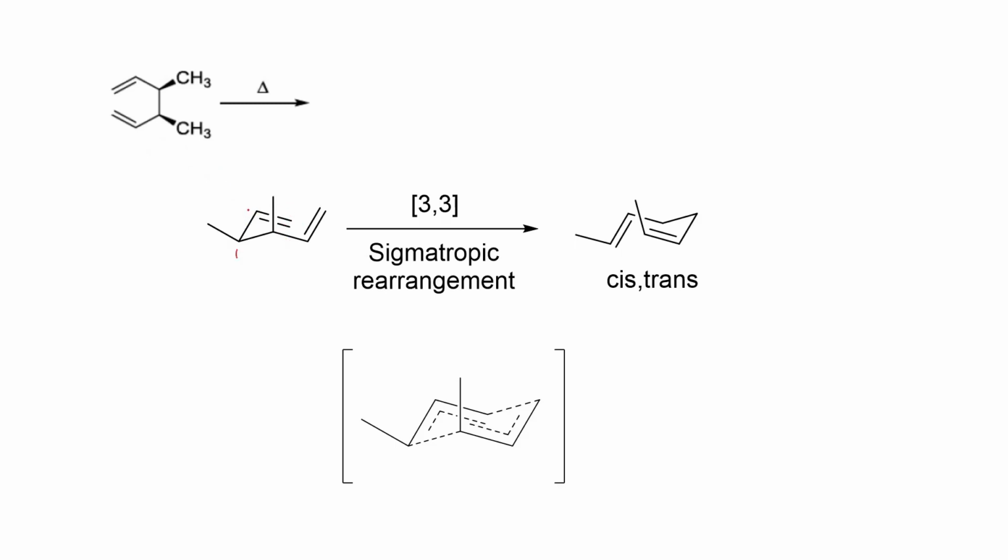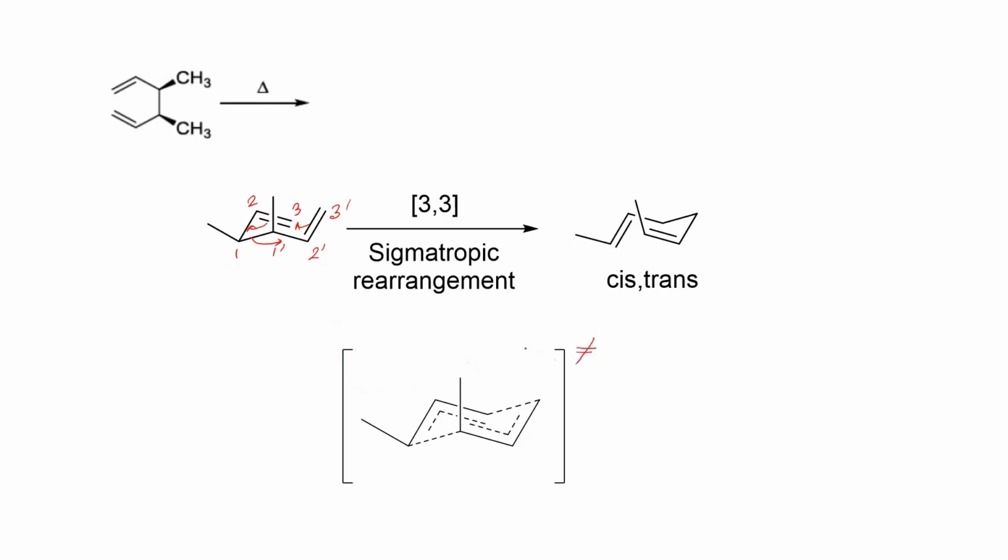This is 1, 2, 3 and this is 1 prime, 2 prime and 3 prime. One bond will break and a 3-3 prime bond will form. So we do this and this will come, and this will form a transition state like this.